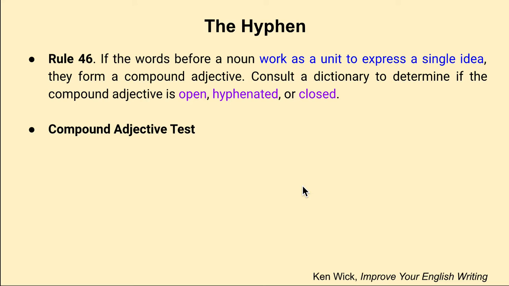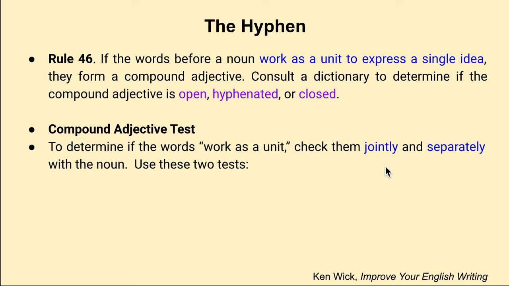And then I go on to give a compound adjective test, because we need to see how we know when the words are working together as a unit to express a single idea. What you do is check the words jointly and separately with the noun.